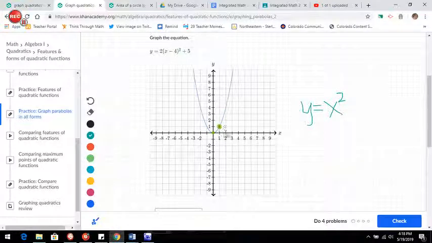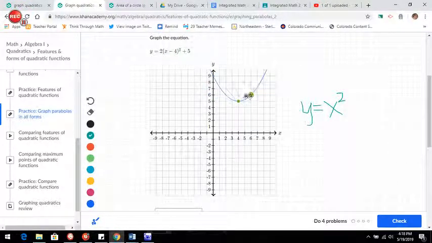1 squared is 1, 2 squared is 4, 3 squared is 9, and so on. This 4 is going to move it 4 to the right, and the 5 is going to move it 5 up. So my vertex is going to be at 4, 5. And that 2 is going to stretch it vertically by 2.